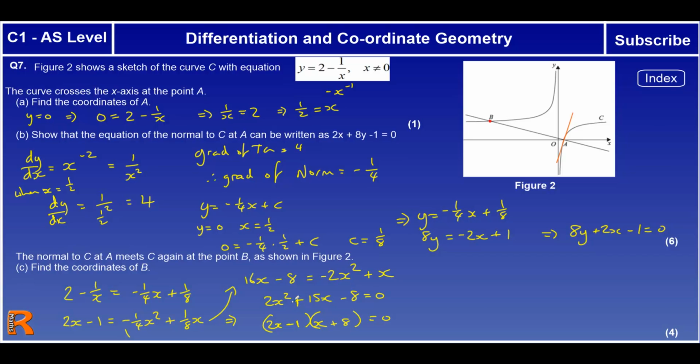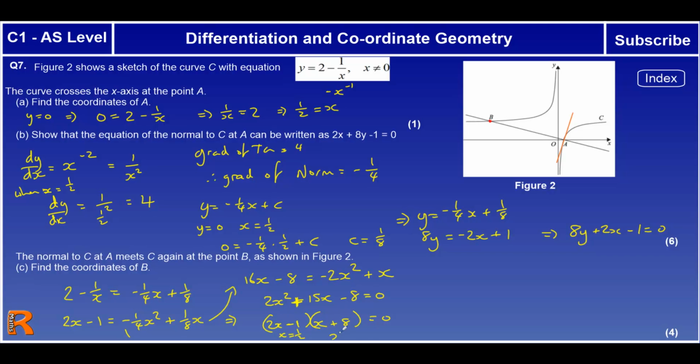Yeah, that's plus 15x, isn't it? Be careful with that, so it's not quite right there. So minus x plus 16x is plus 15. Yeah, so that factorizes. That gives us x equals a half.